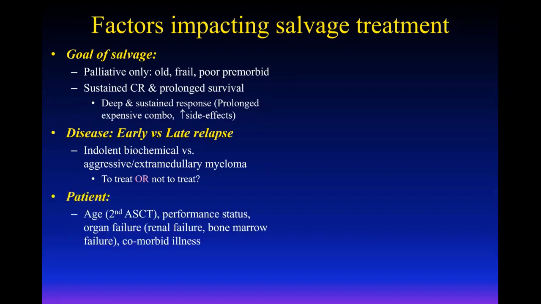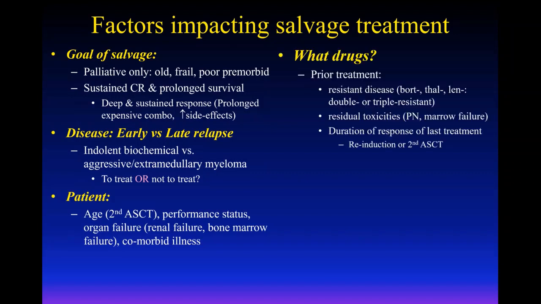Whether the patient is refractory to the last treatment, or has residual toxicity due to prior treatment, like peripheral neuropathy associated with Velcade or thalidomide. And then also, are you somebody who is really scientific and requires evidence-based data to guide your treatment?